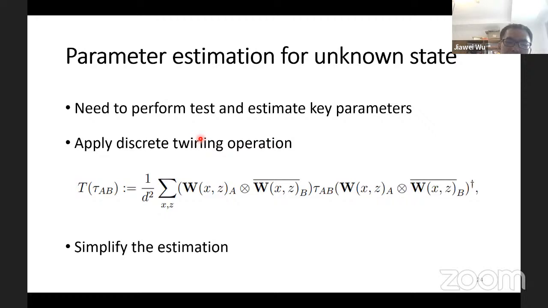But if we apply a discrete twirling operation, then the pre-shared state can become simple, and the number of measurements can be reduced to a low number.